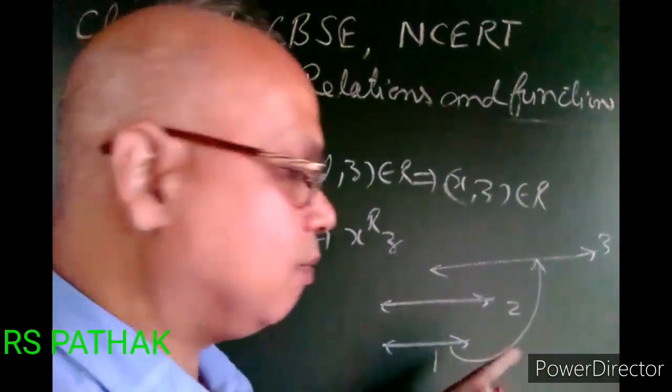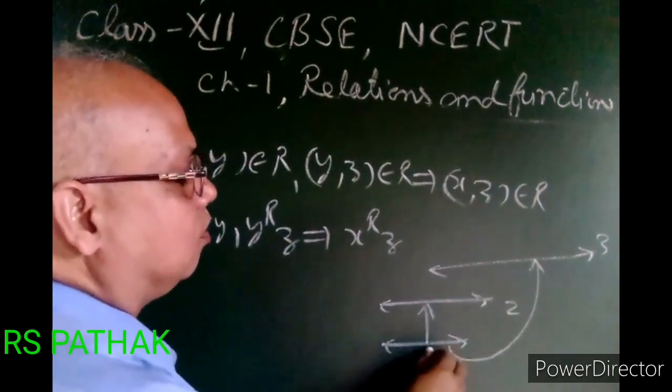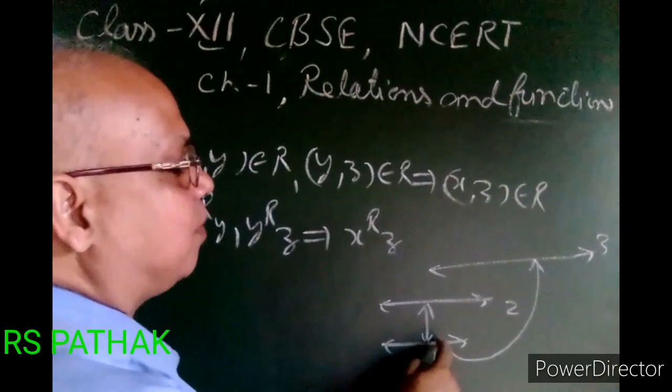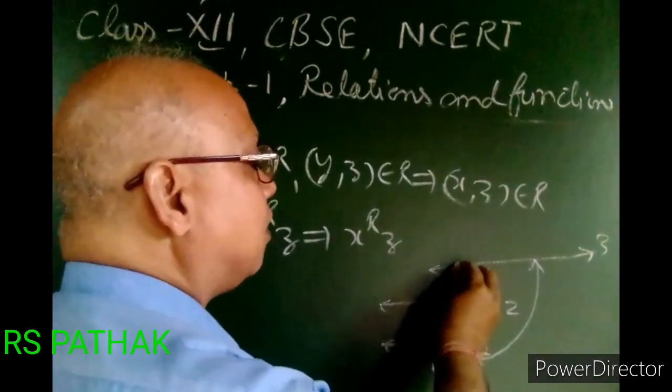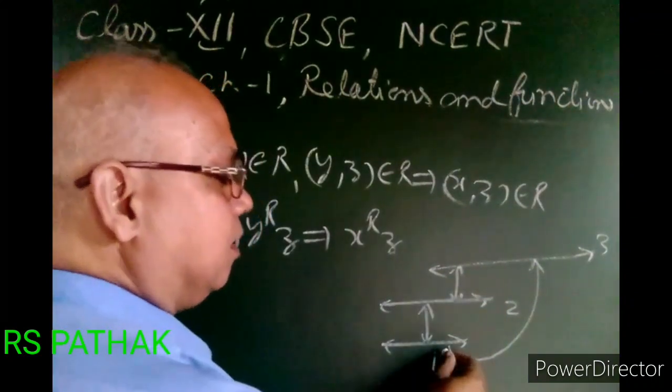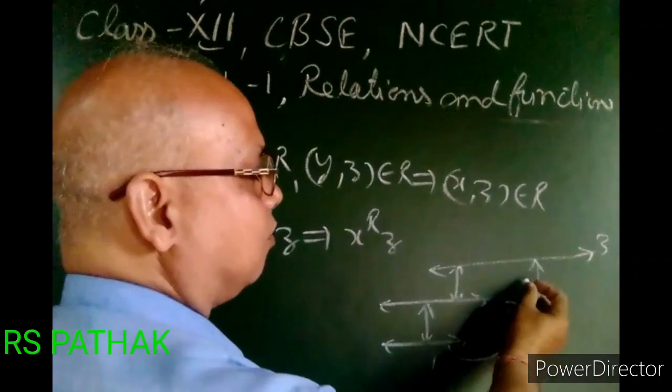Line number 1 is parallel to line number 2, and line number 2 is parallel to line number 3. Then we can say clearly that line number 1 is parallel to line number 3.